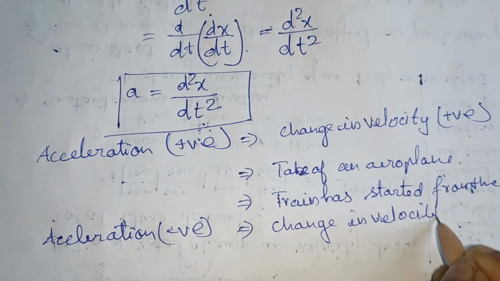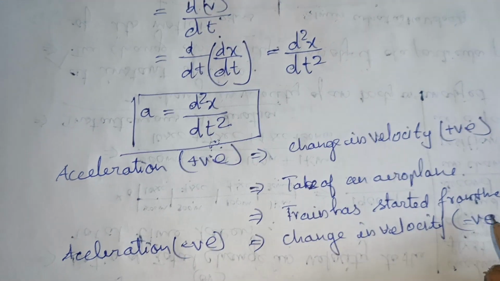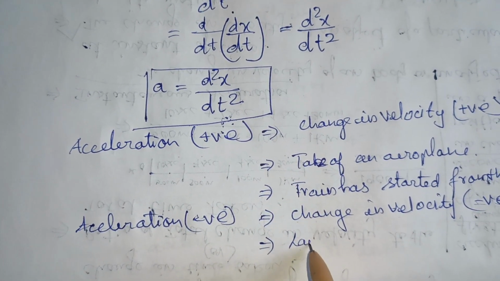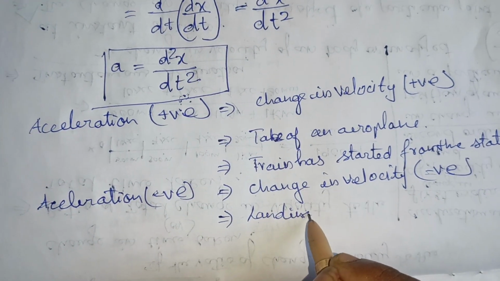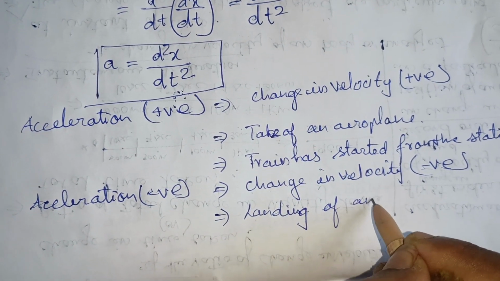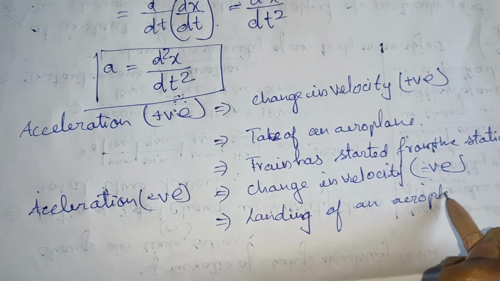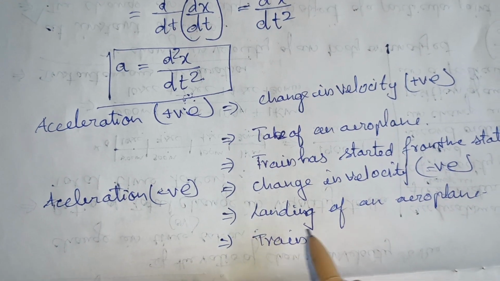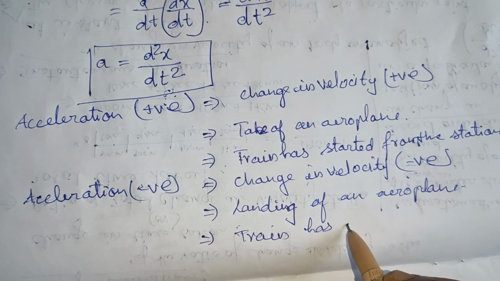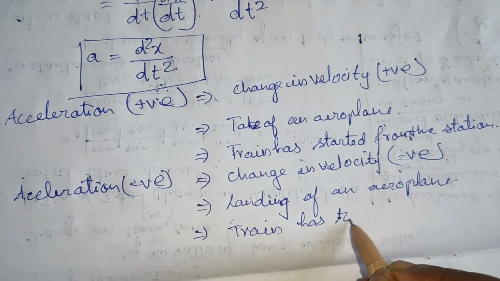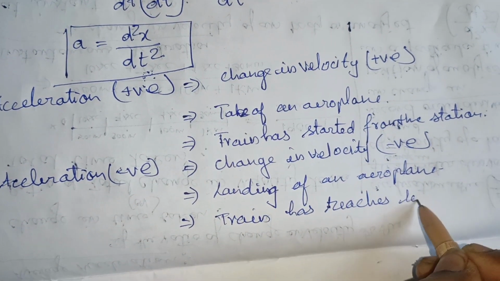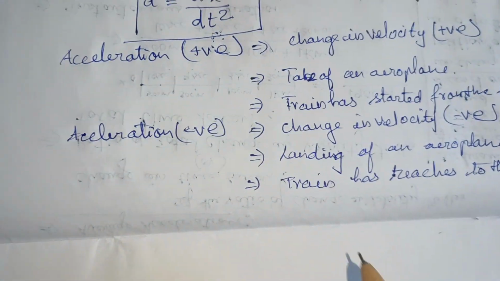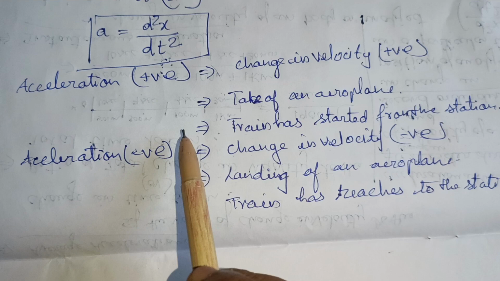That is called negative acceleration. For example, landing of an aeroplane, or a train that has reached the station or destination. They are called examples of positive acceleration and negative acceleration.